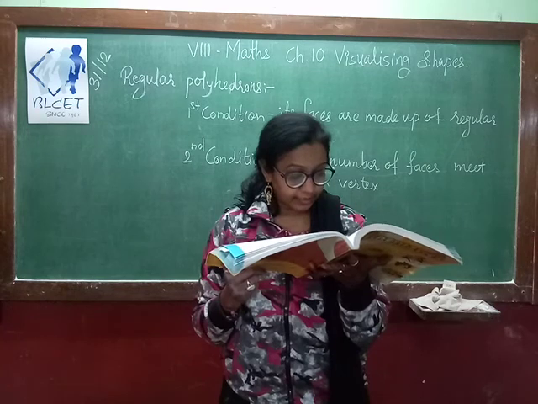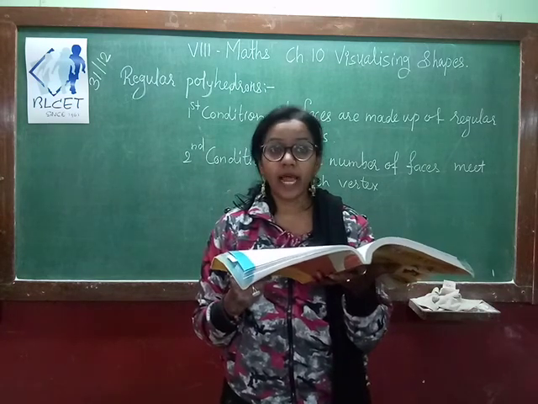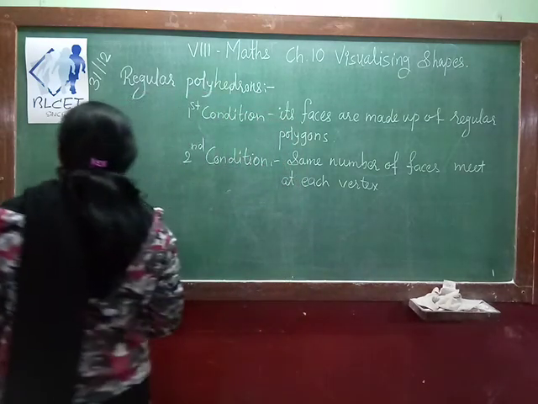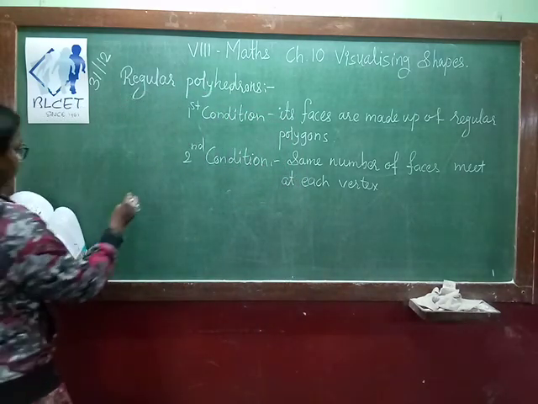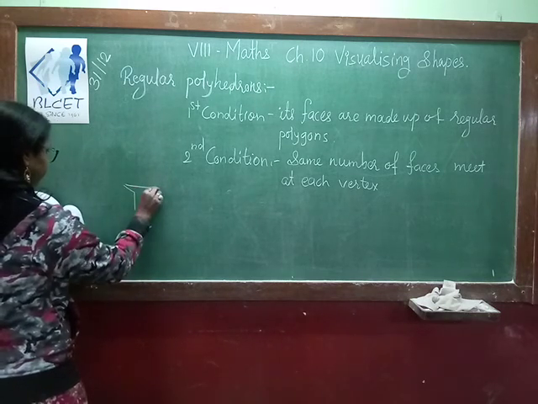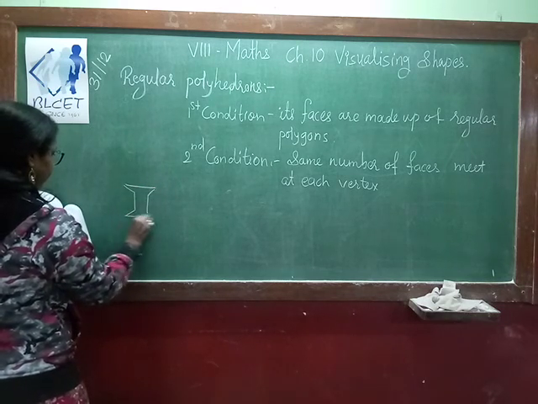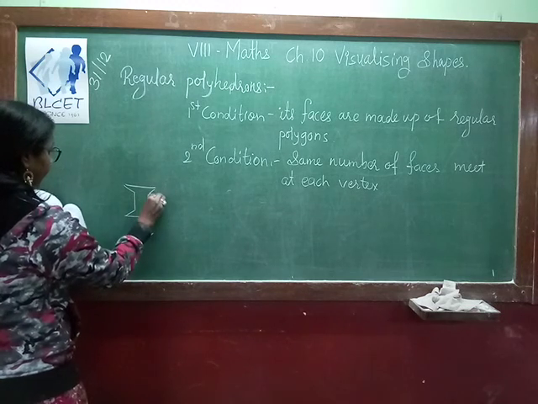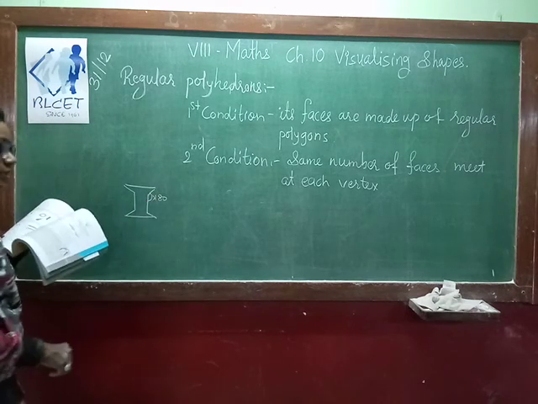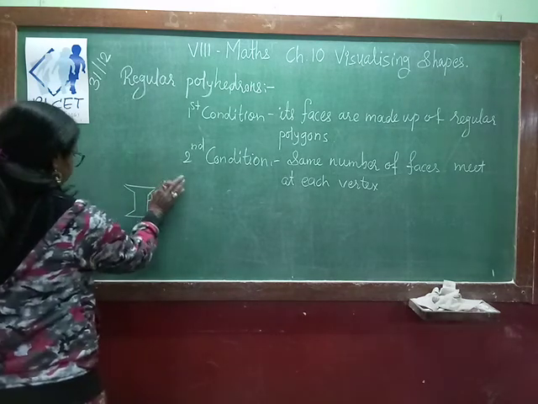If you observe, these are not convex polyhedrons, because when you draw the 3D I given in your textbook, it is something like this. Here the angle is more than 180 degrees. This angle is more than 180 degrees.